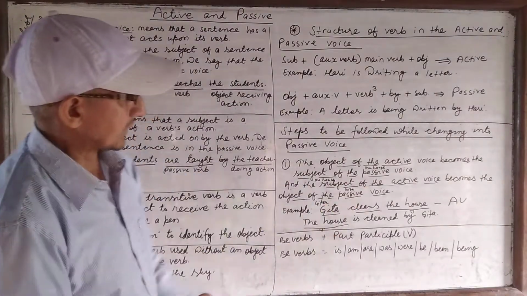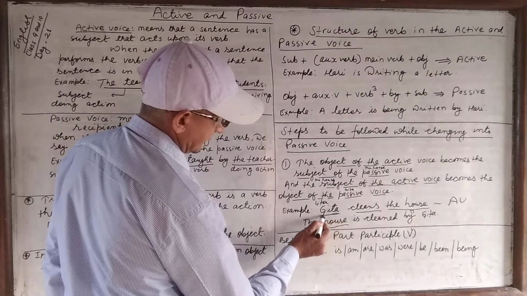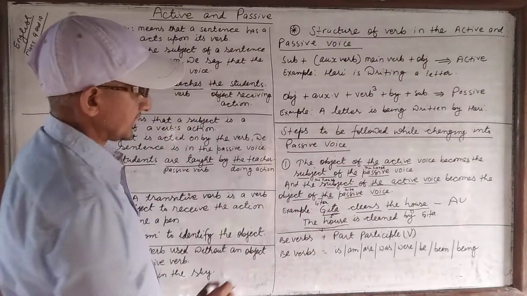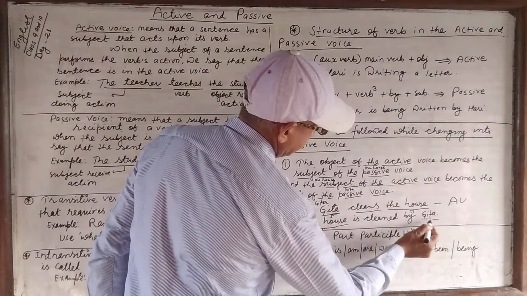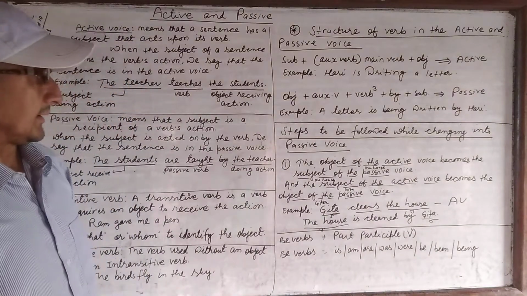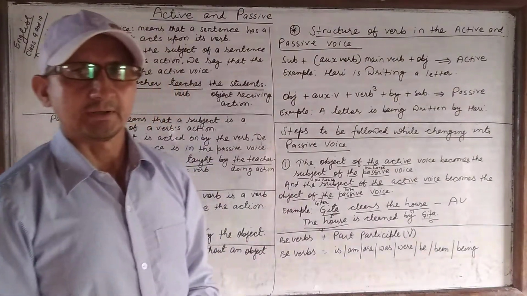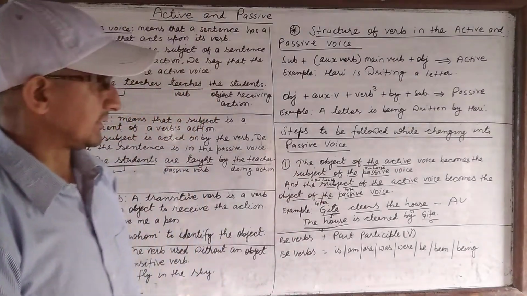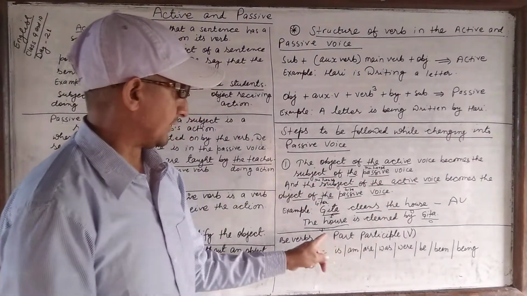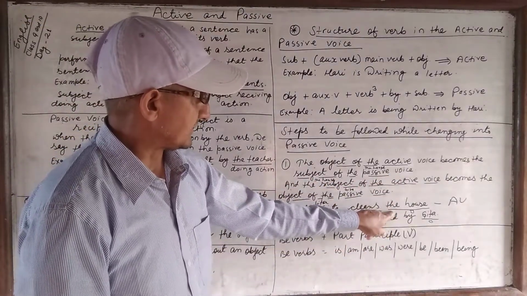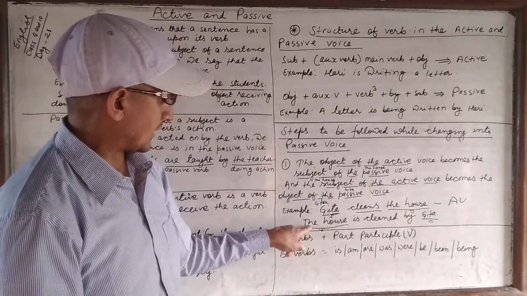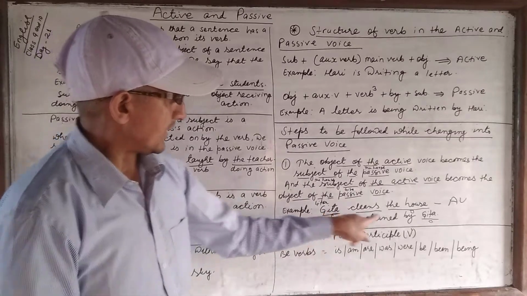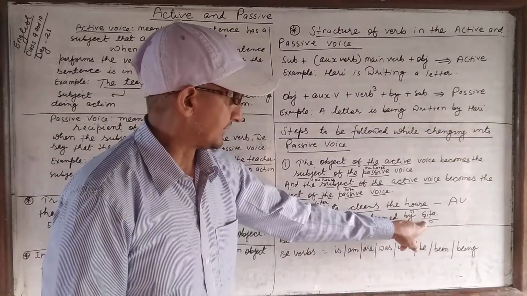And the subject of the active voice, Gita, becomes the object of the passive voice.